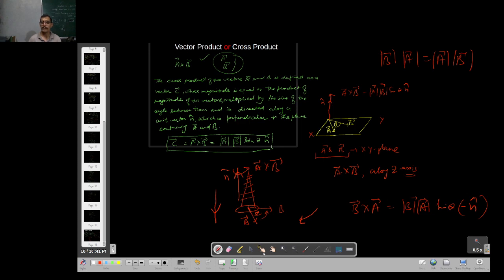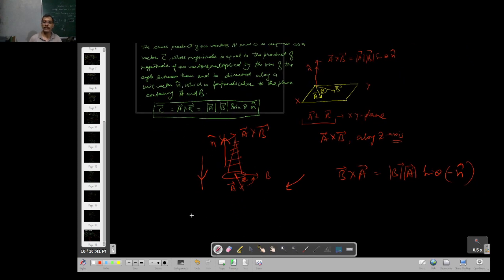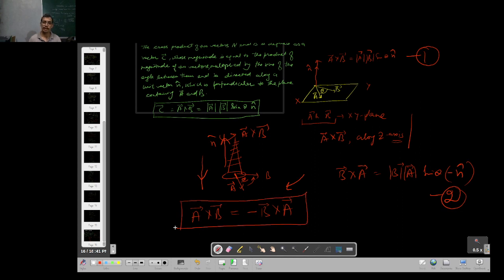So what are we concluding? That a cross b is equal to minus b cross a. Comparing these two equations 1 and 2, the vector product is not commutative, right? So this is all about the vector product or cross product.